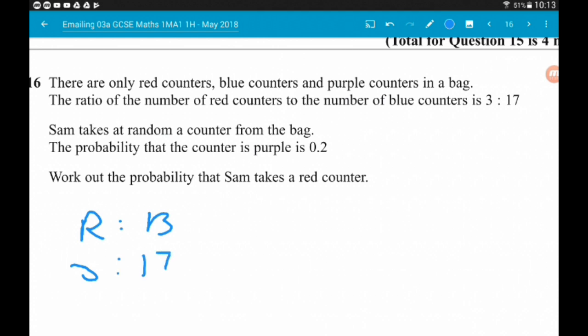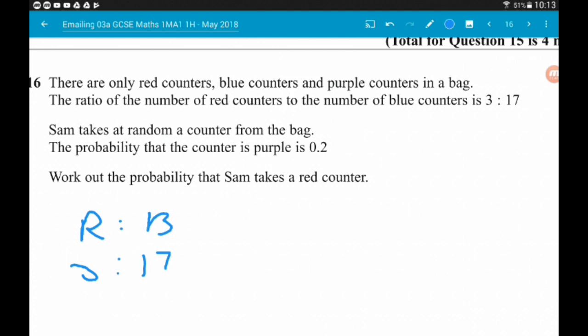Sam takes a random counter from the bag. The probability he gets a purple is 0.2. We want to work out the probability that he gets a red. So this is probably quite a tricky one again. I know you guys don't like ratio.